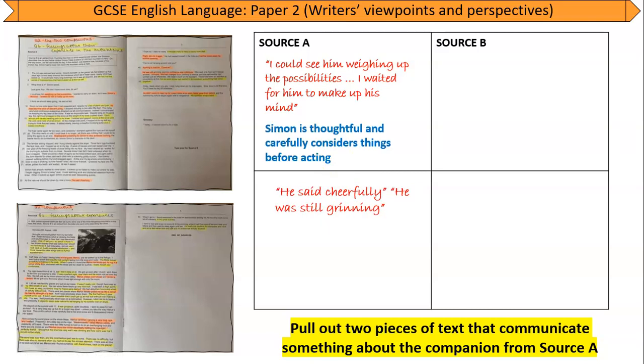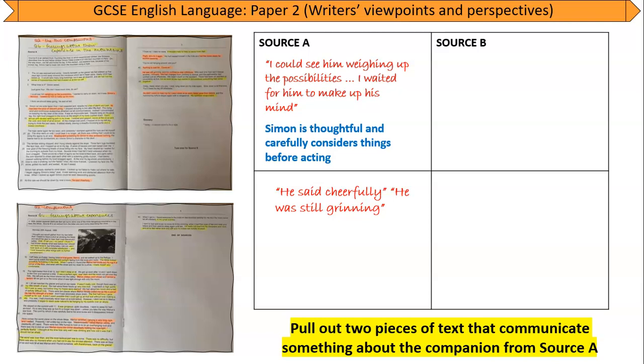So I now need to think about my chosen quote. I could see him weighing up the possibilities. I waited for him to make up his mind. This is my evidence from the text. Now, as ever, I need to interpret that evidence. I need to sum that evidence up for the exam board. So I've looked at that evidence and I'm thinking, what does that evidence tell me about Simon? Because this will be my point that I put across to the exam board.